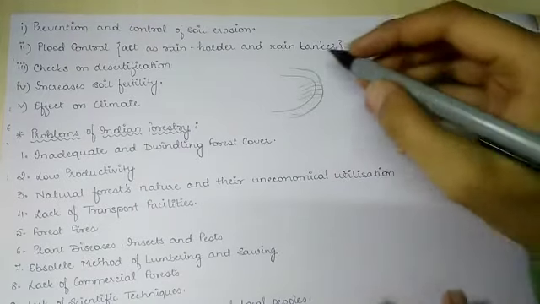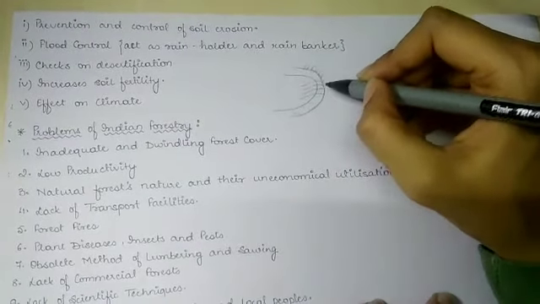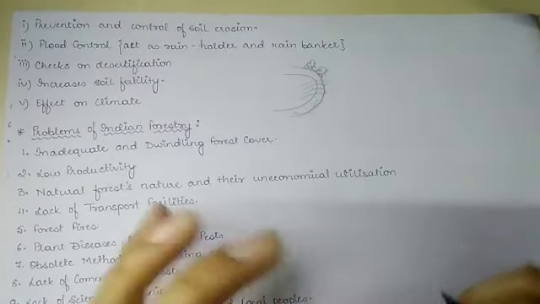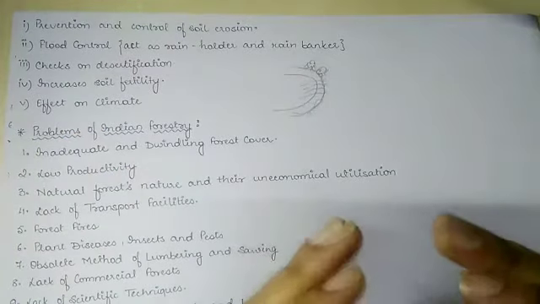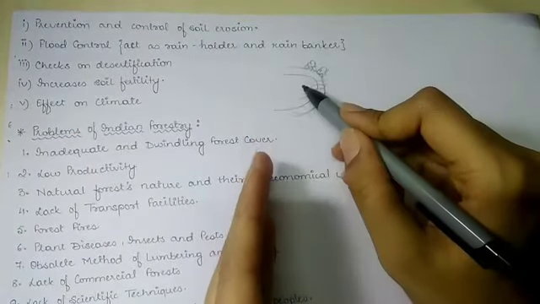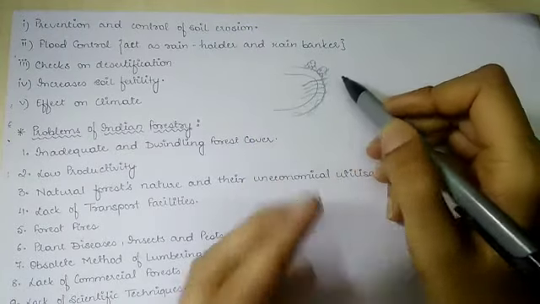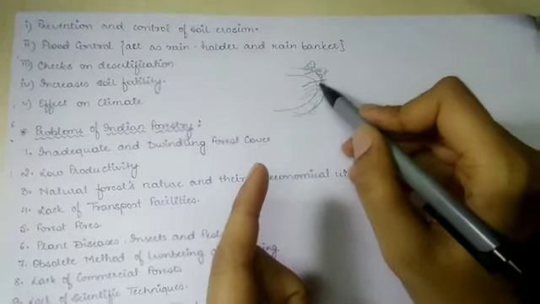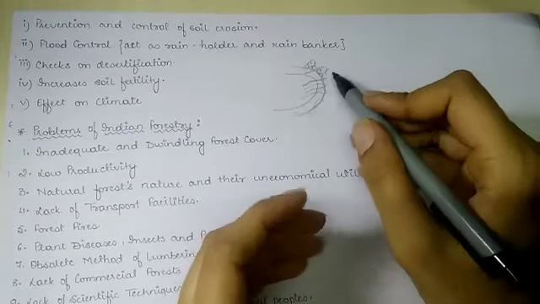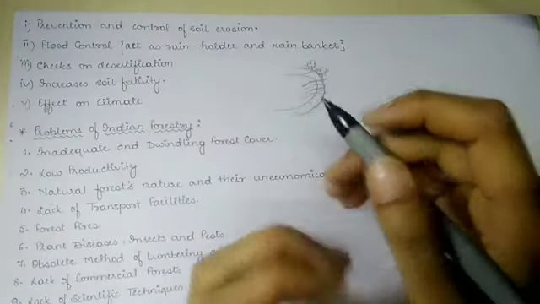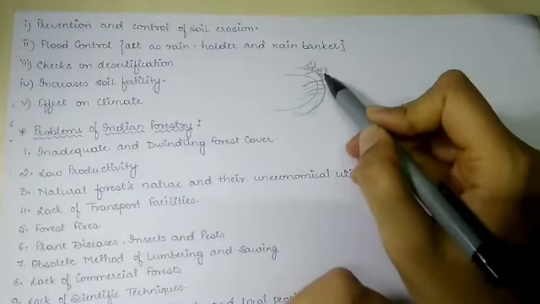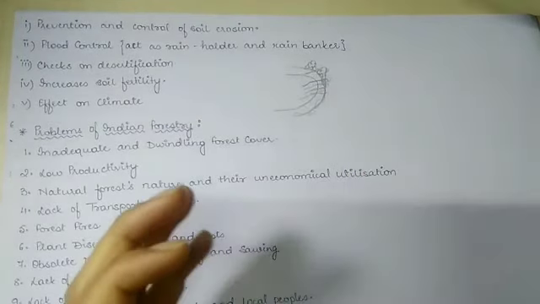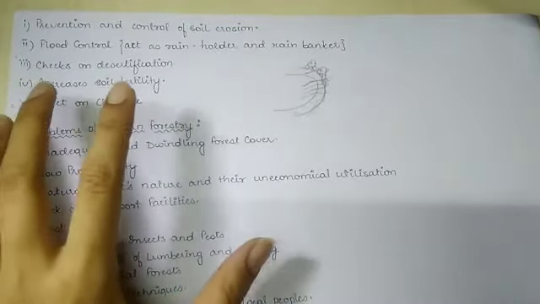But if we have forest growth in here, then these winds won't be able to carry the sand further. One reason being the forest will act as a barrier. The second reason is that the velocity of wind will be hindered by the obstruction of plants or trees. So they check on desertification.